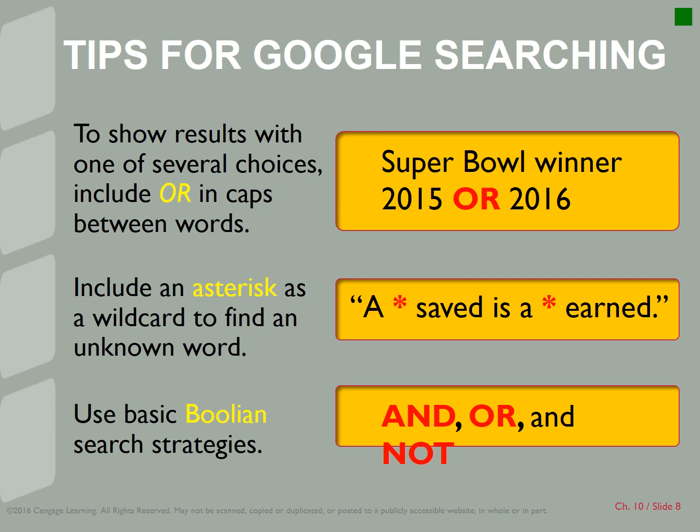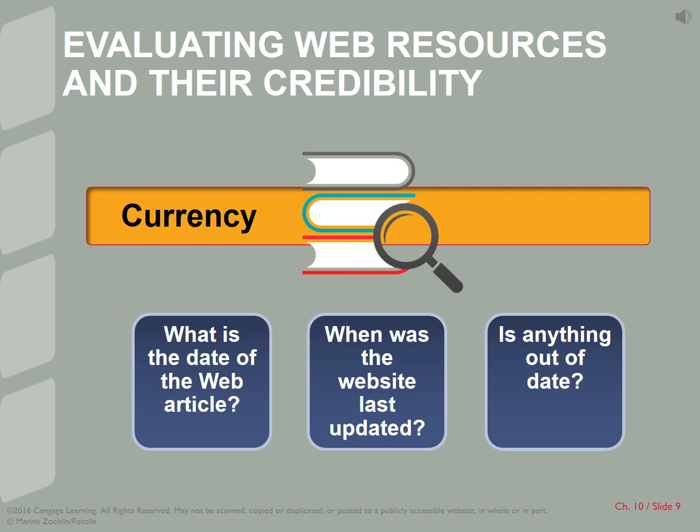So you would really include 2 sets of information. And then you can also use an asterisk as a wild card to find an unknown word. And then you can also say and, or not to really limit or expand your search.